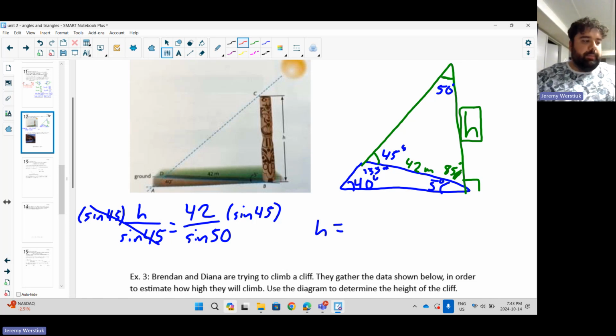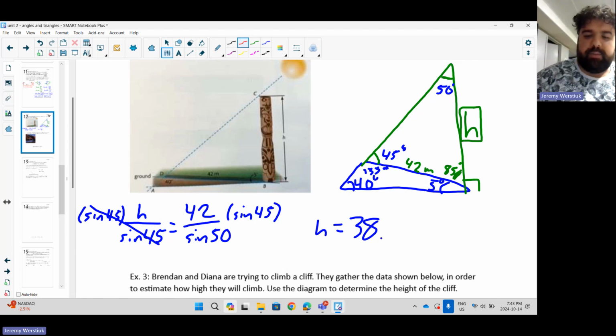When I do the math and plug it into my calculator, I get an answer of 38.